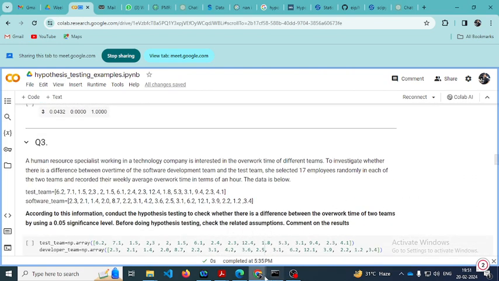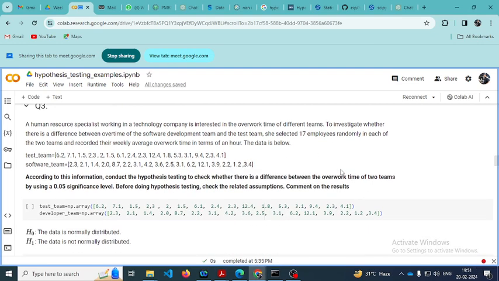So if you don't have any questions, then I will discuss the next problem regarding this hypothesis testing. You can take 2-3 minutes to identify this problem statement, this problem 3.